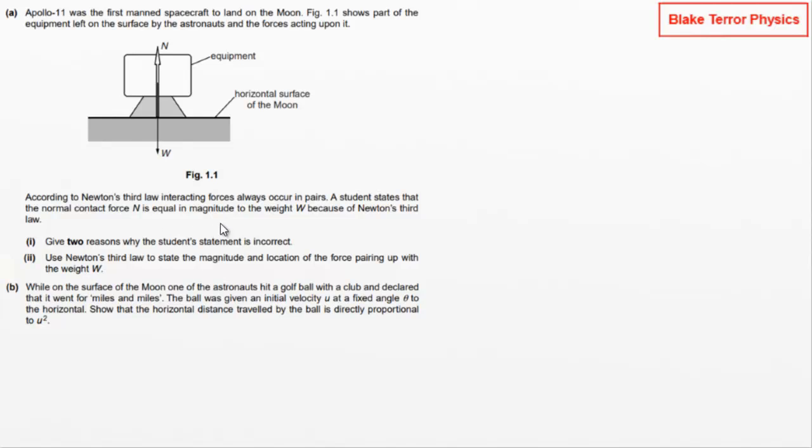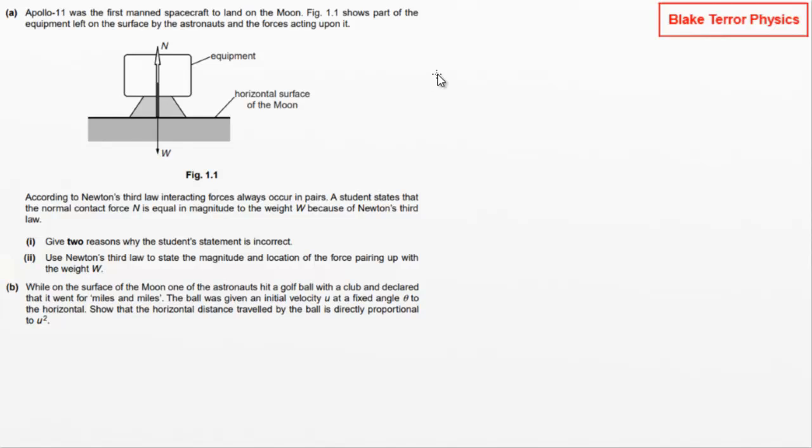Right, okay. Well, first of all, Newton's third law, you have to have the same force acting on different bodies. So it's got to be the same type of force, and they've got to be acting on separate bodies. You might remember this from when we were discussing it in an earlier video. You've got quite a formulaic way you can write the sentences.